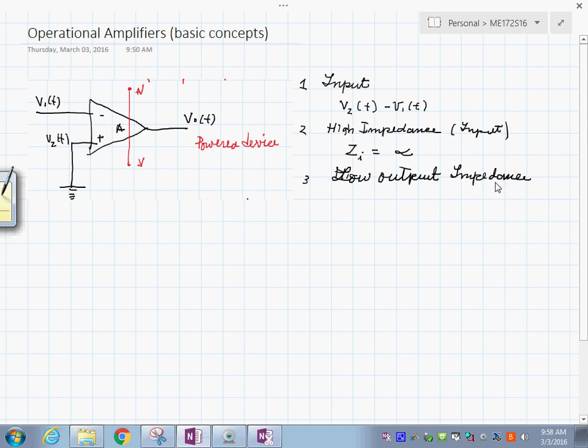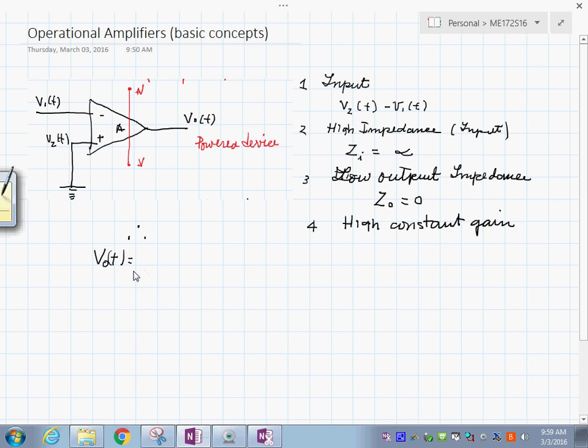In this case the constant gain is high. Based on these principles, the output voltage of this device is going to be equal to A times V sub 2 minus V sub 1 of t.